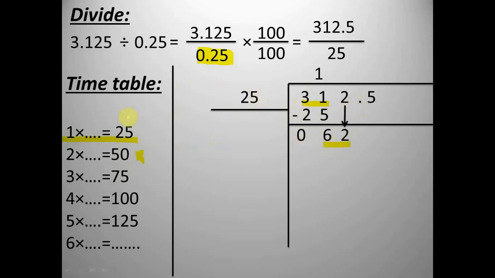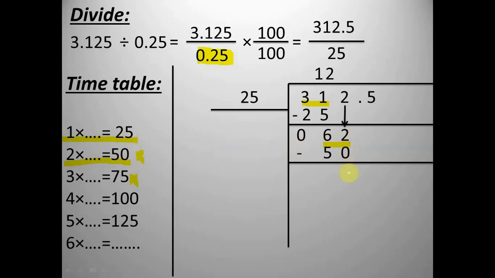Search in the table for 62, not found. Search for a number bigger than 62, this one is bigger than 62, cancel it and take the one above. 2, write it up, second number, write it under the dividend, and then subtract.